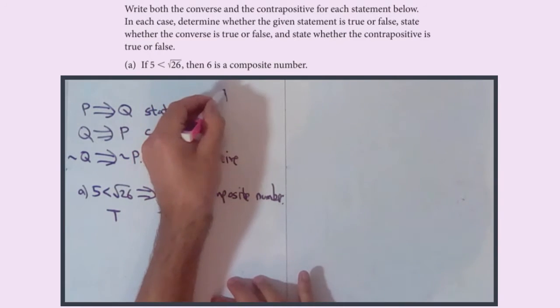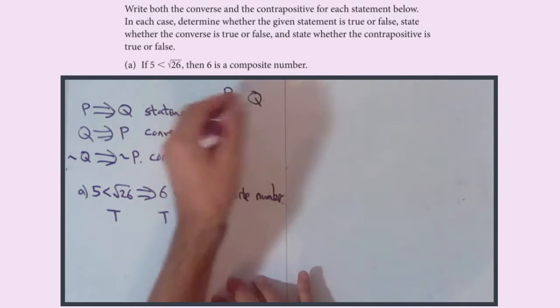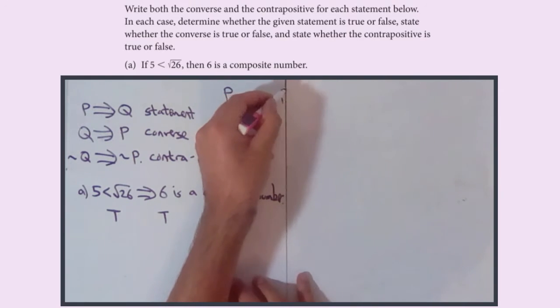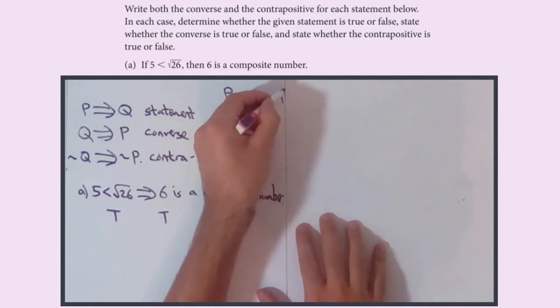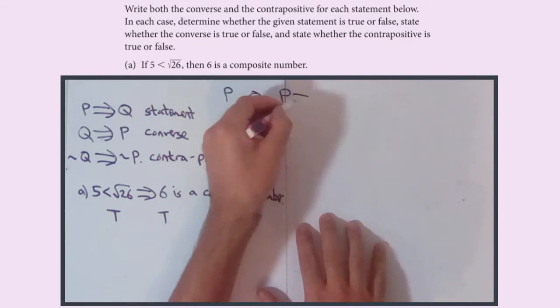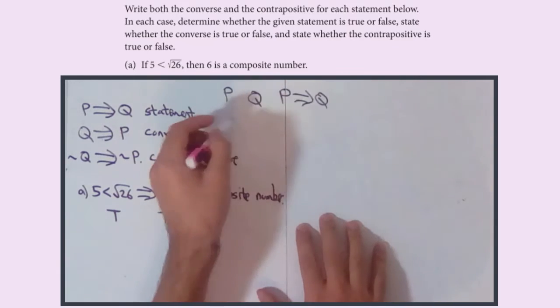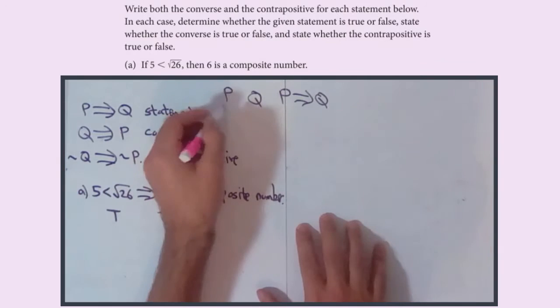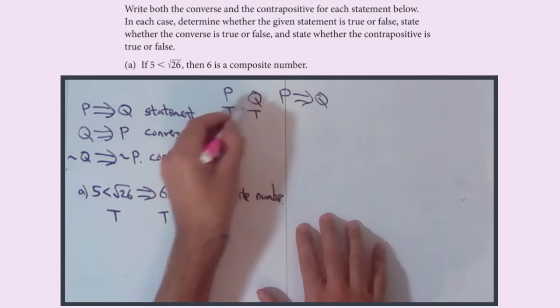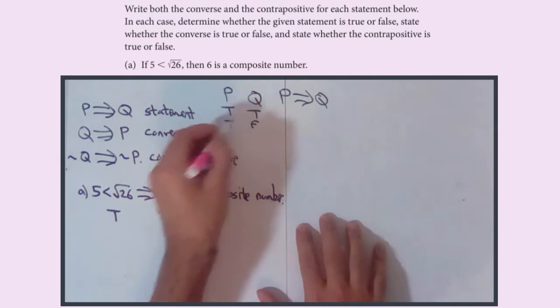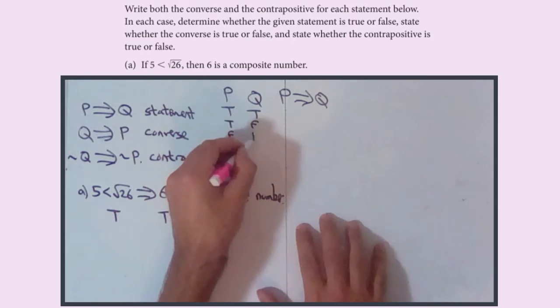So if we say we have P and we have Q, and you're looking to see, does P imply Q? We have this little truth table. So you have 4 possibilities. You've got them both being true, P being true and Q being false, P being false and Q being true, and then both being false, right?